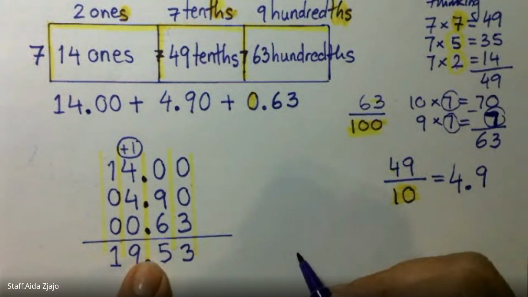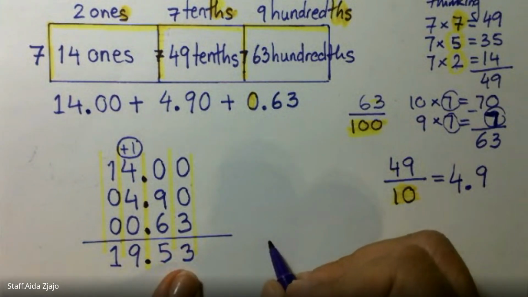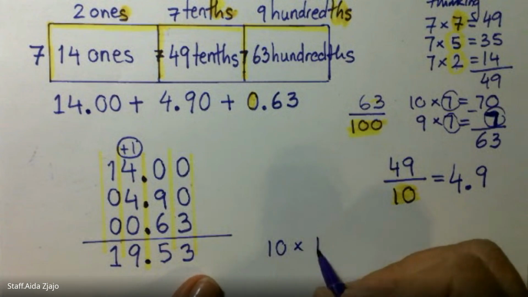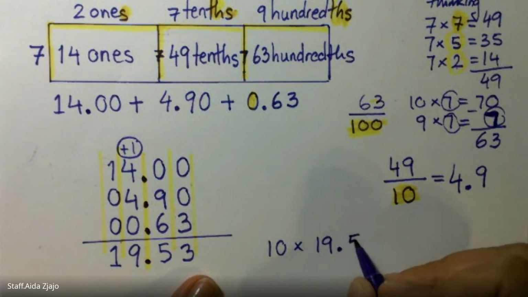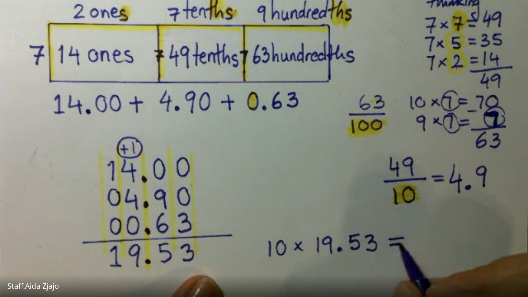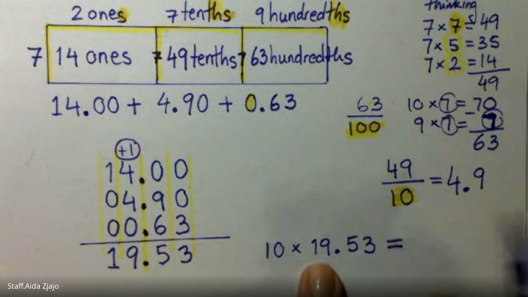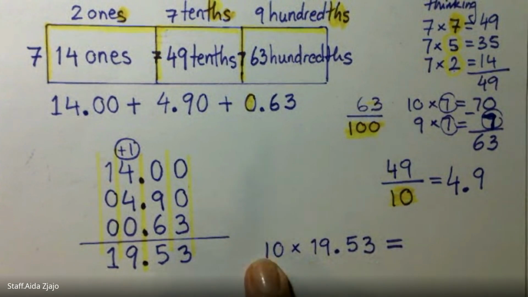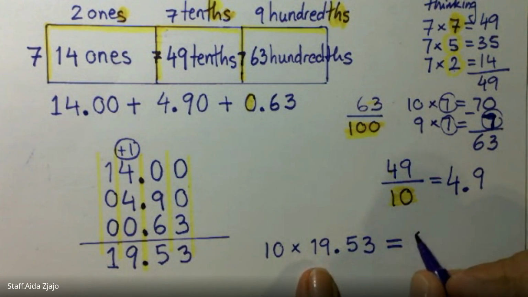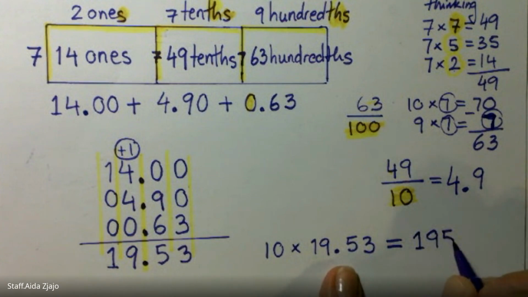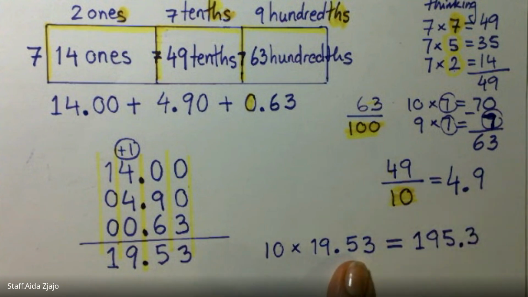If I needed to do 10 times 19 and 53 hundredths, this is going to be 10 times bigger. So that means the number is going to grow 10 times. So I will have 195 and 3/10 as my answer. So that's how much money she will spend in 10 months.